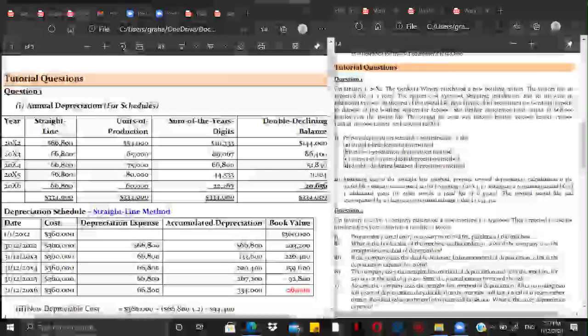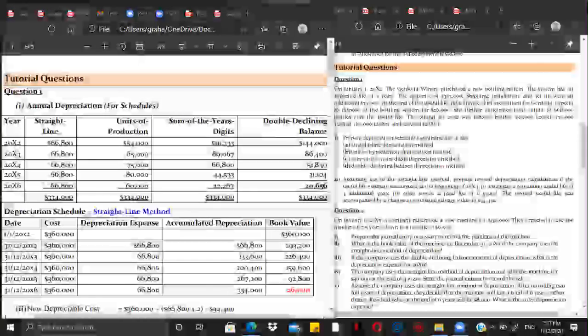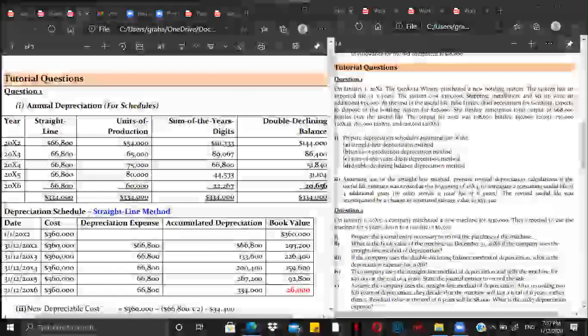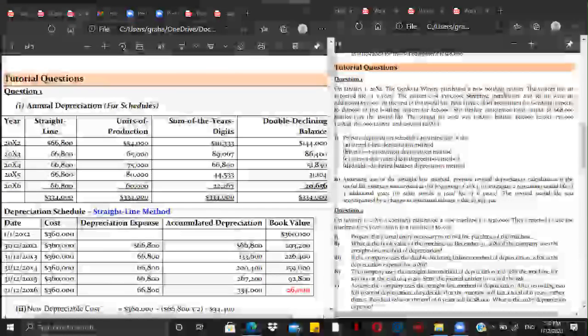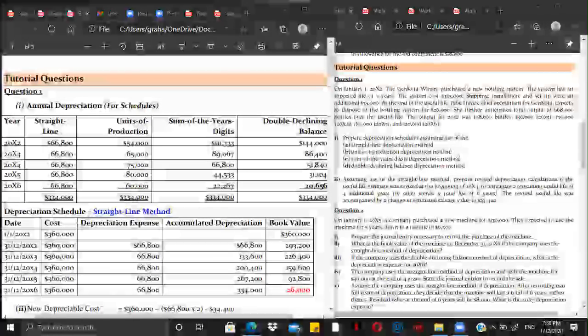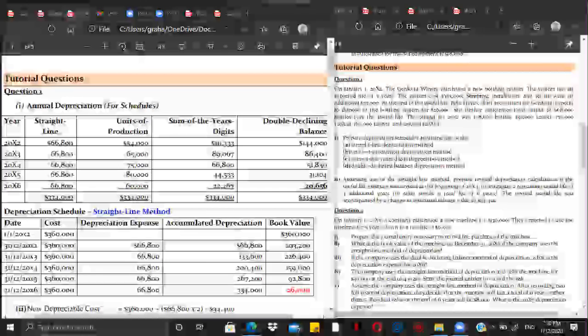So you guys all right with that? All right, so we don't have a lot of time left. Are you guys fine with plant assets?